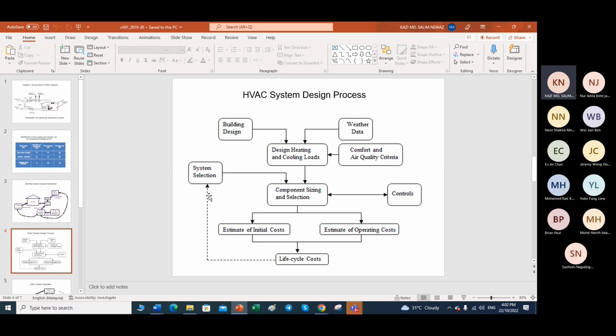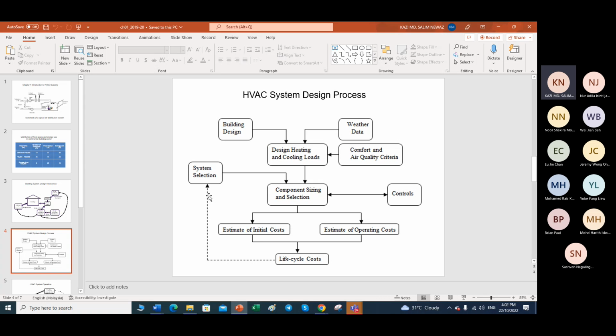For the refrigeration, we have to use either the absorption refrigeration system or the vapor compression refrigeration system. When you study refrigeration, you will see that if it is more than 100 ton, then the absorption refrigeration system is preferred.